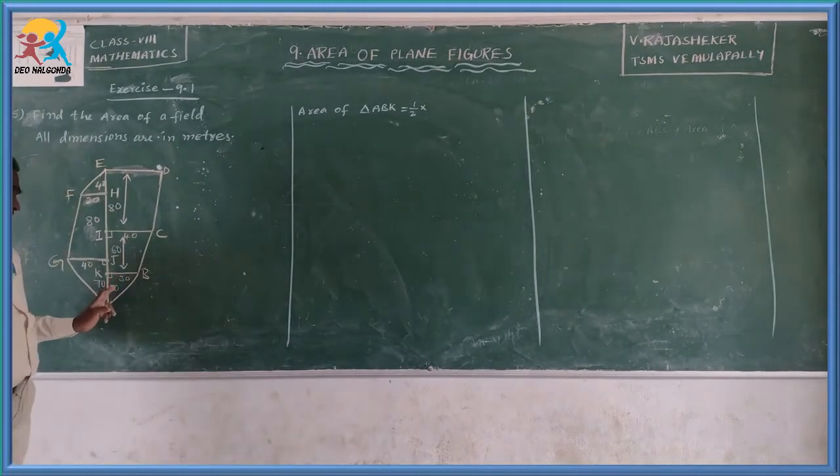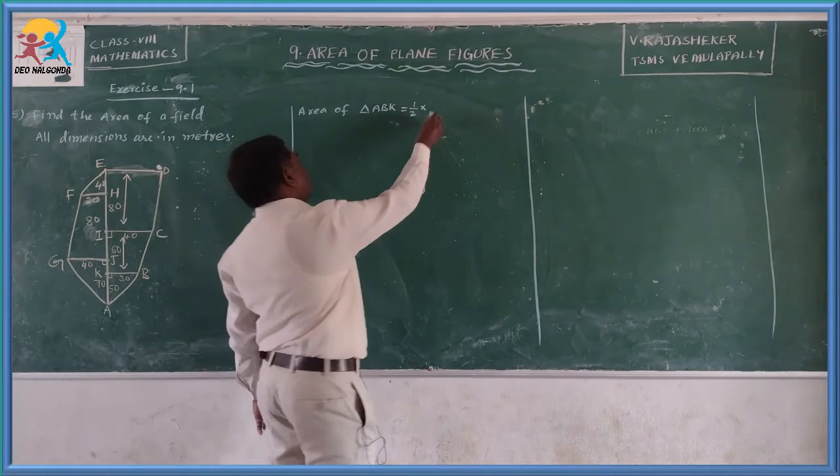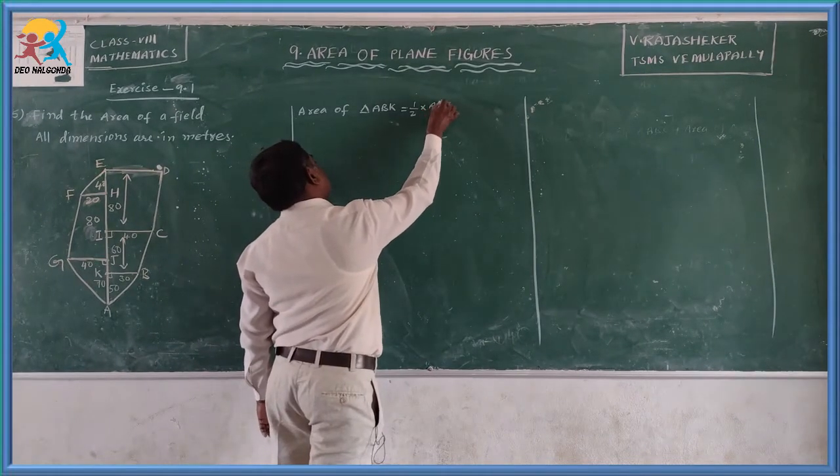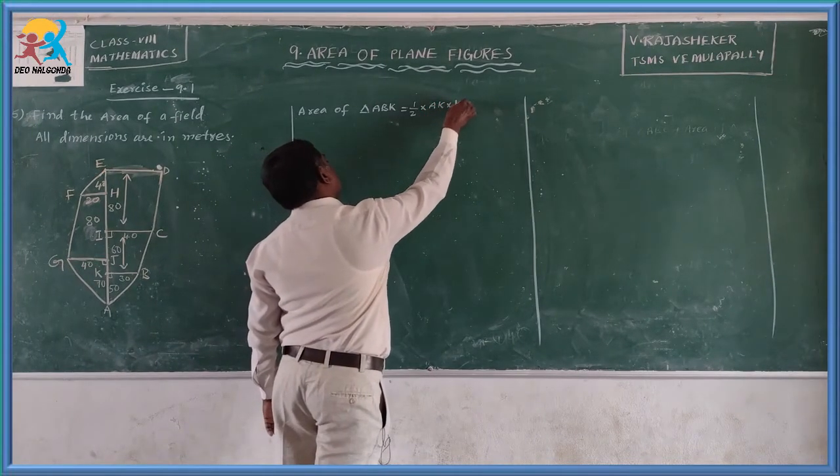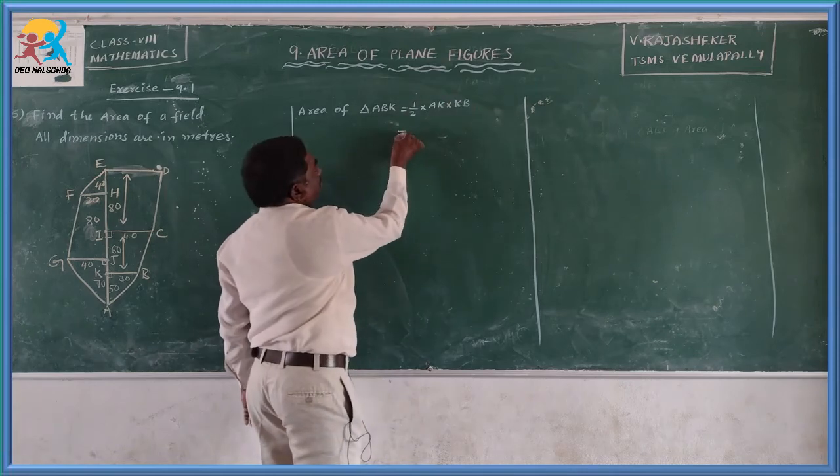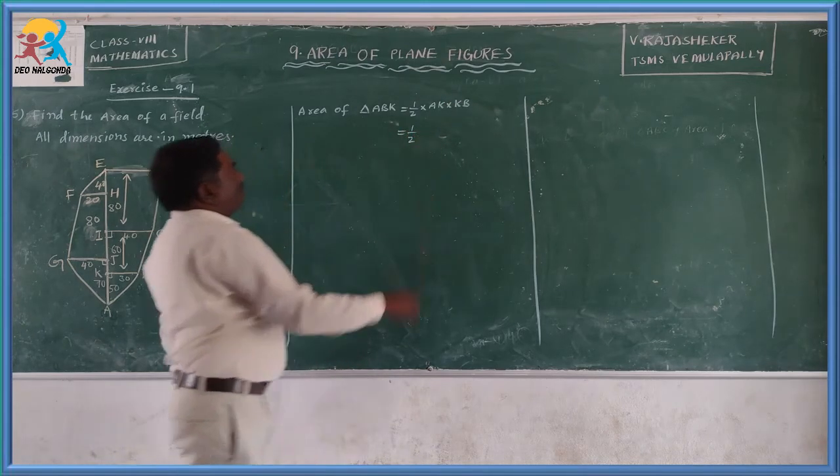This is a right angle triangle, so the base is AK and the height is KB. Half into AK into KB.